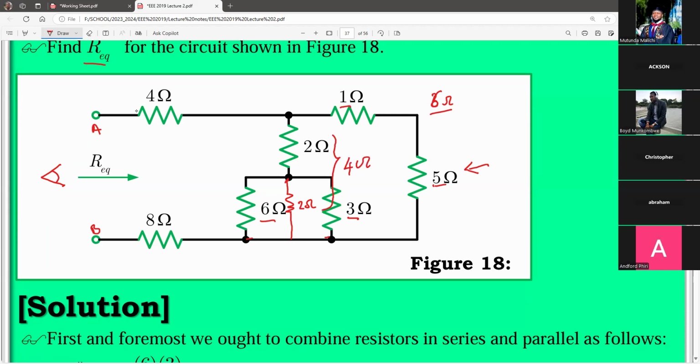If that's the case, then our circuit becomes 4 here, 4 there, 6 there, like that, and 8 there.